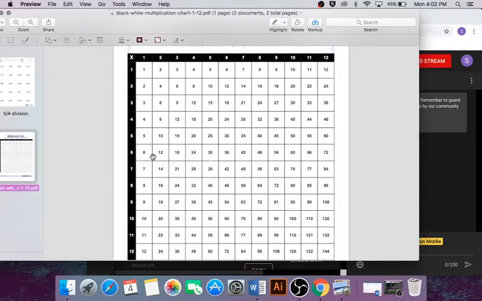So we need to find what number goes into 6 without going over 30 the most times. So 30 is as close as we can get to 31. And if we go up here, we'll see 6 times 5 is 30.